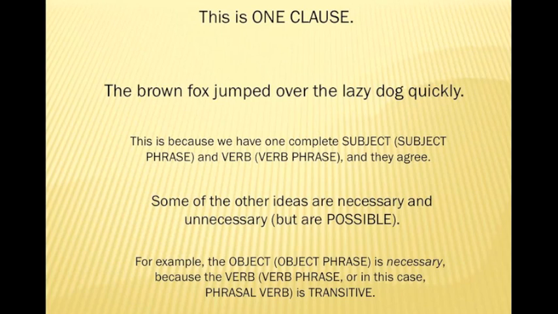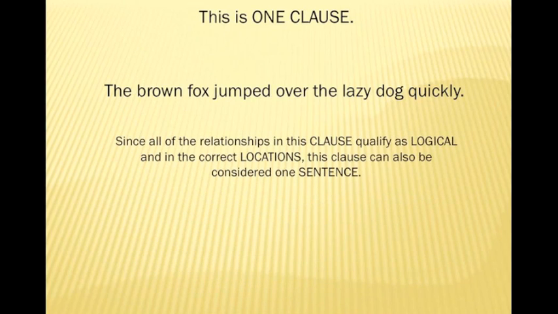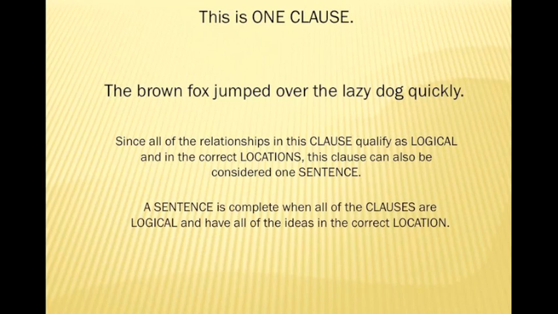So for example, the object, in this case, is necessary because the verb is a transitive verb. Now, since all of the relationships in this clause qualify as logical, and they're in the correct locations, notice now we could redefine this clause to call it one sentence. A sentence is complete when all of the clauses are logical and all of the ideas are in the correct location.